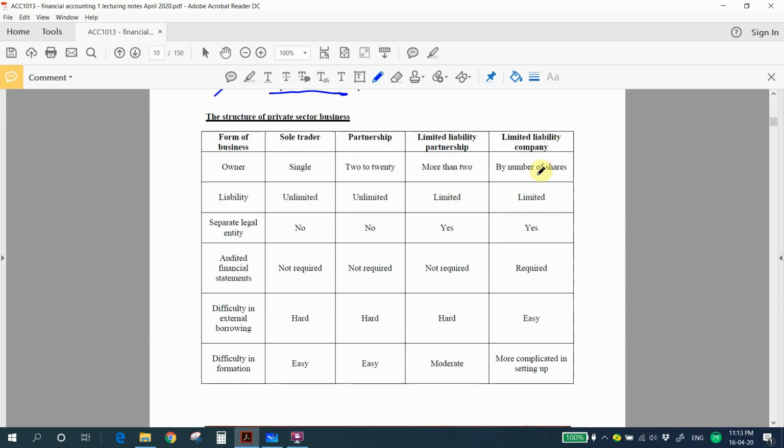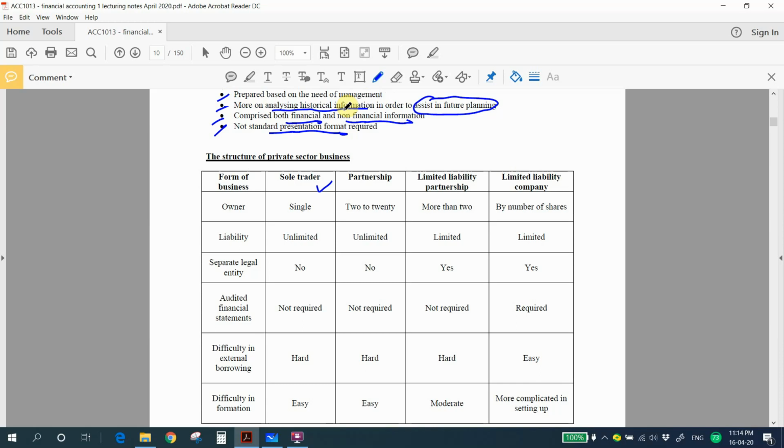Next, the last section in part 3 and chapter 1. The structure of private sector business. So in Malaysia, we have many forms of business. For example, you have sole trader. So what is the key feature for sole trader? You have only one owner.